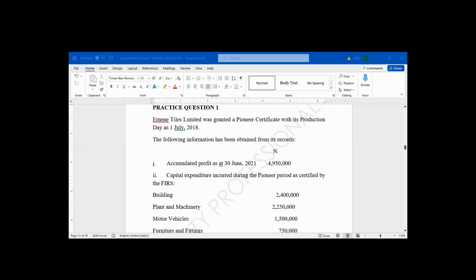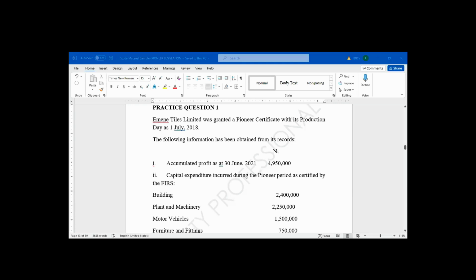In that regard, what are the profits during the Pioneer period? We need to get the profit during the Pioneer period.